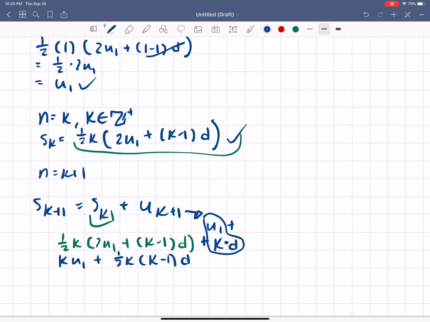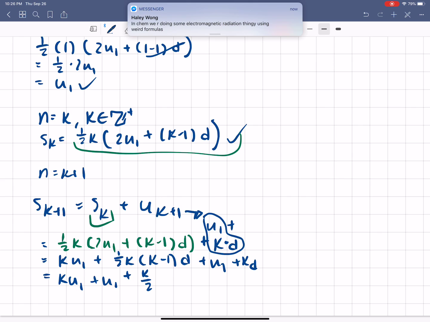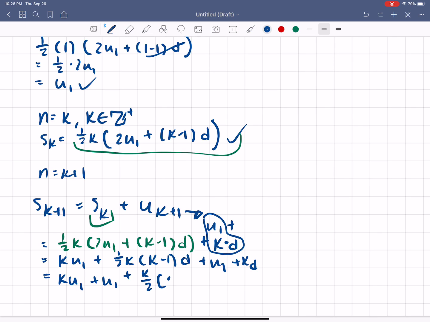After that, it becomes k u1 plus u1 plus k over 2, or 1/2 k, of k minus 1 d plus kd.